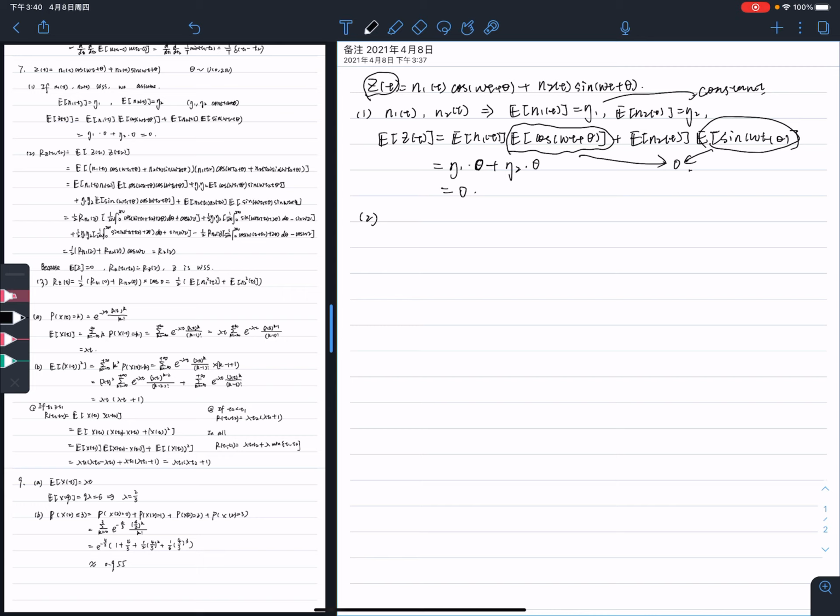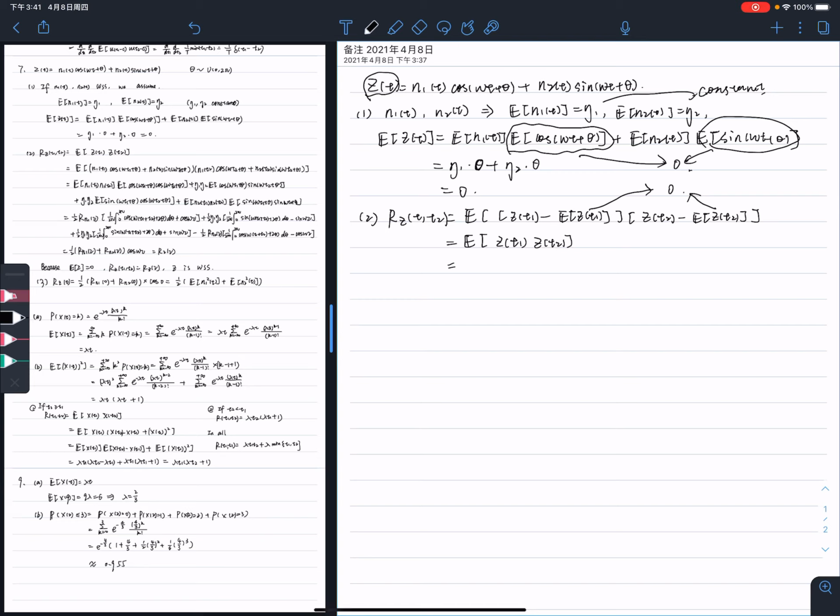Then we want to compute the autocorrelation of Z. By the definition of autocorrelation, it should be equal to the expectation of (Z(t1) minus the expectation of Z(t1)) times (Z(t2) minus the expectation of Z(t2)). Obviously, from the first part of the problem, these two parts are equal to 0. Therefore, it is equal to the expectation of Z(t1) times Z(t2).